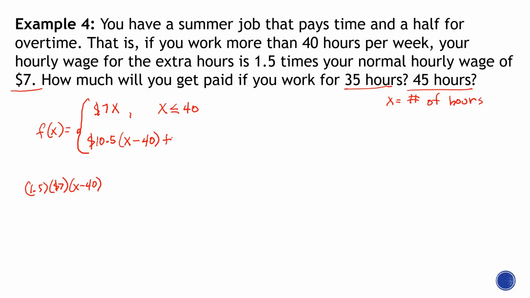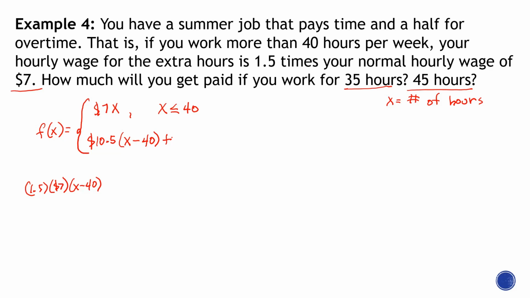Again, I will repeat. This formula, which is 10.5 times x minus 40, represents the amount of money you're going to have if you work more than 40 hours. So we will add that amount to what amount? That is absolutely correct.